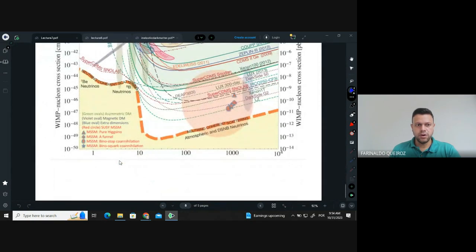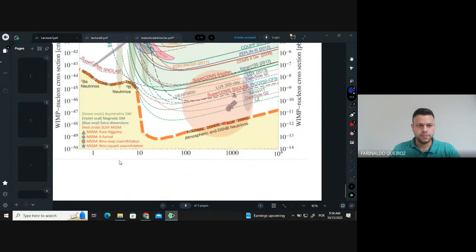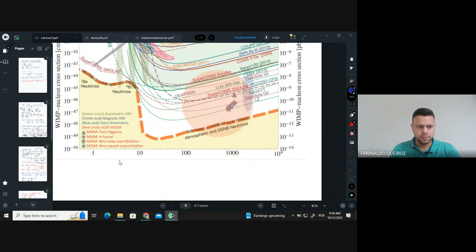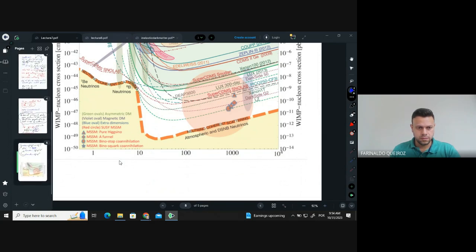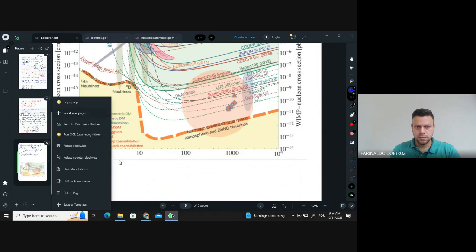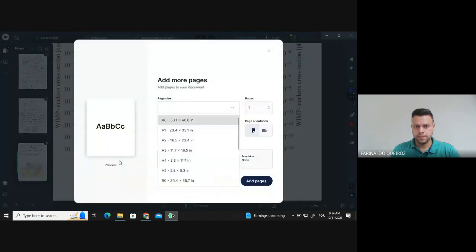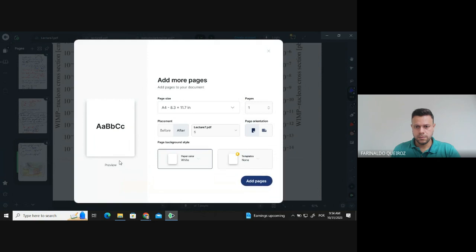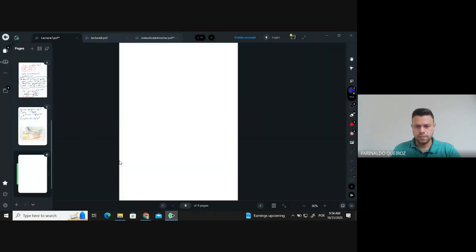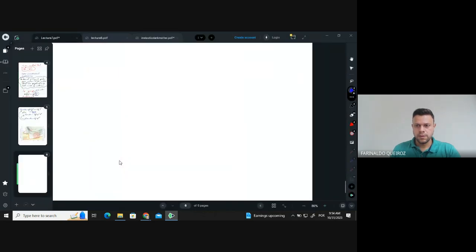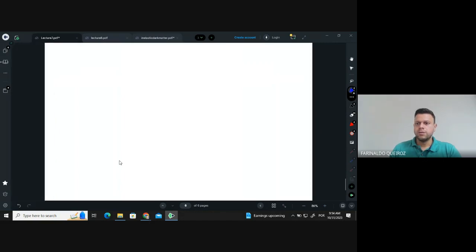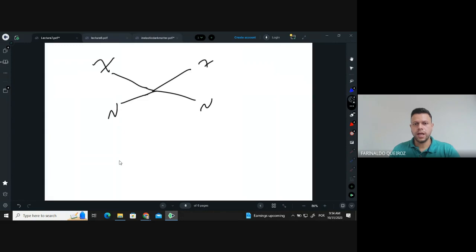The way it goes is the following. We have a dark matter particle coming in, hitting a nucleus, and then the dark matter goes off, and the nucleus is there, the scattered nucleus.